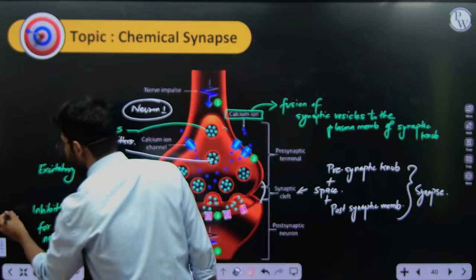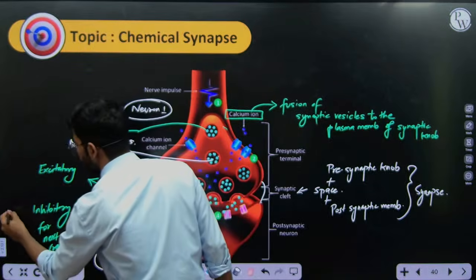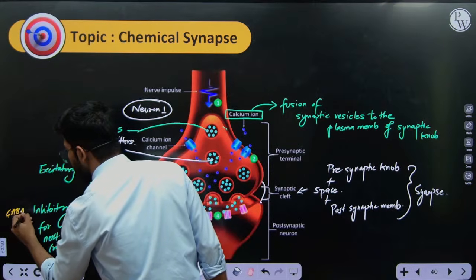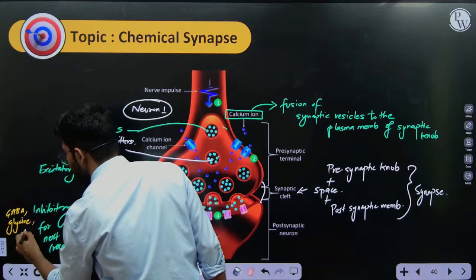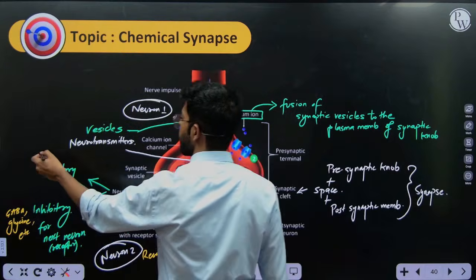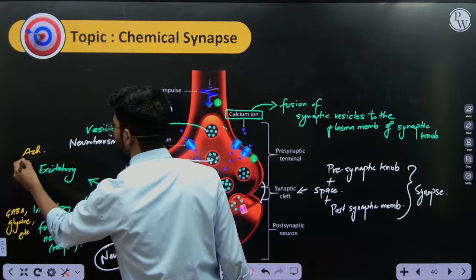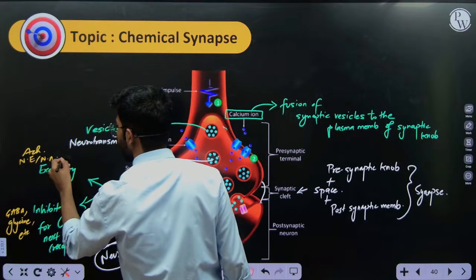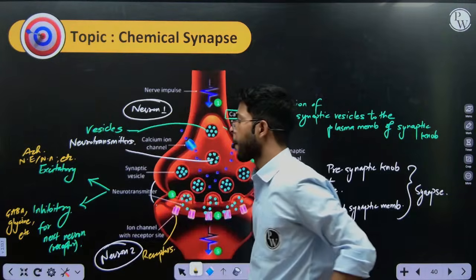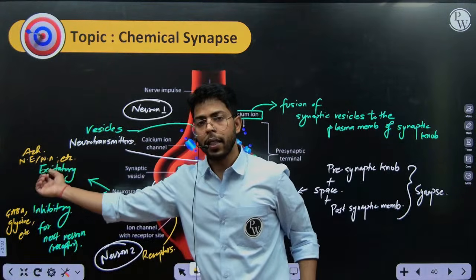Inhibitory, for which we have the examples GABA, glycine, and there are many more examples. Excitatory, we have acetylcholine, norepinephrine, noradrenaline, etc. So acetylcholine is always excitatory in nature.